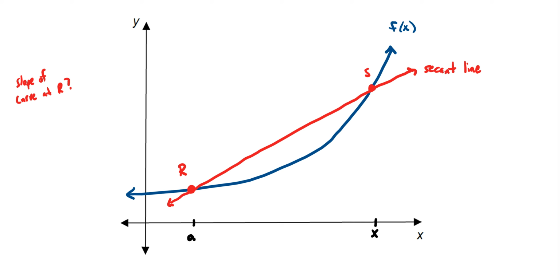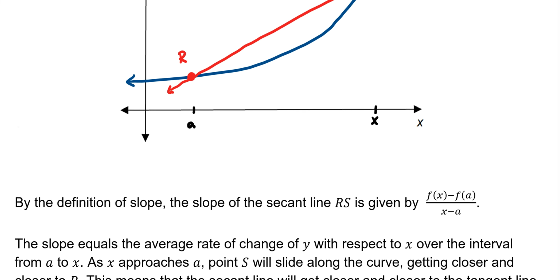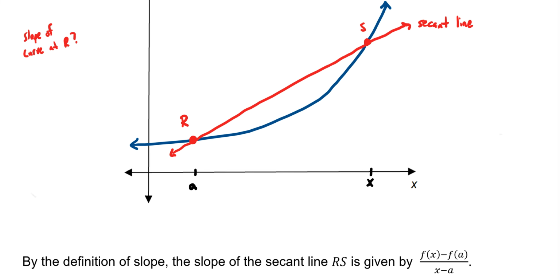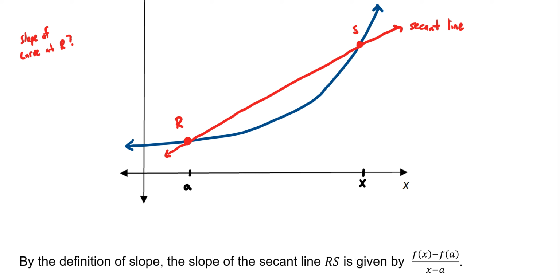So we can easily determine the slope of this secant line by using the slope formula between 2 points, right? We know the slope formula between 2 points is y2 minus y1 over x2 minus x1.